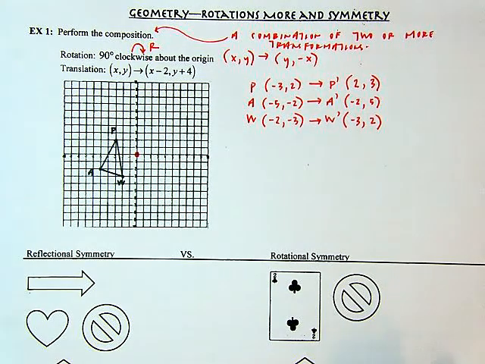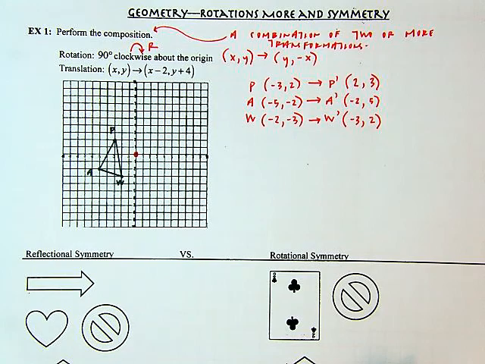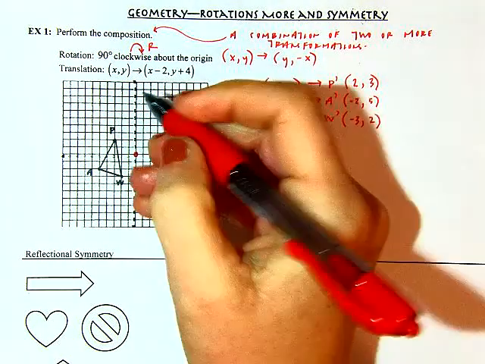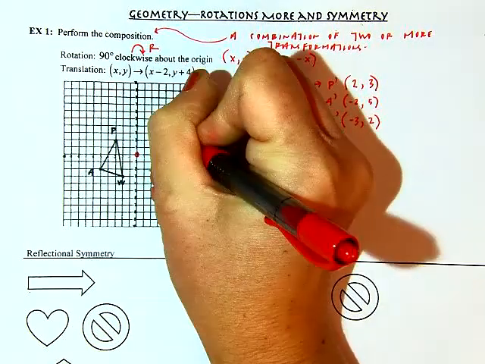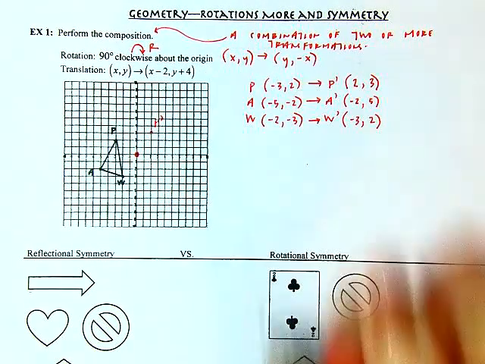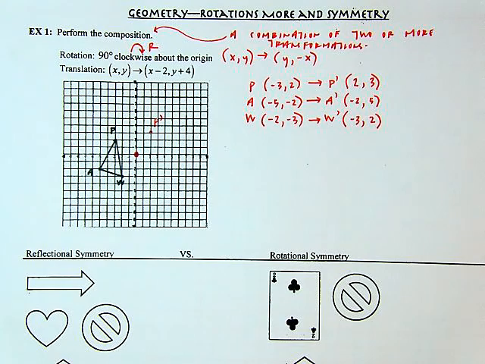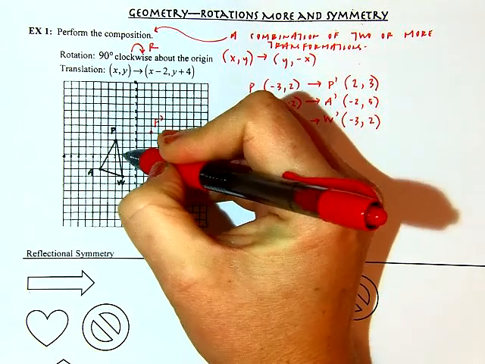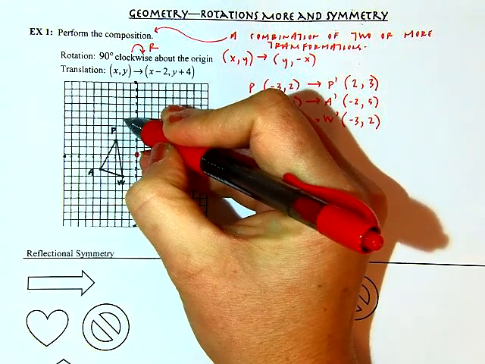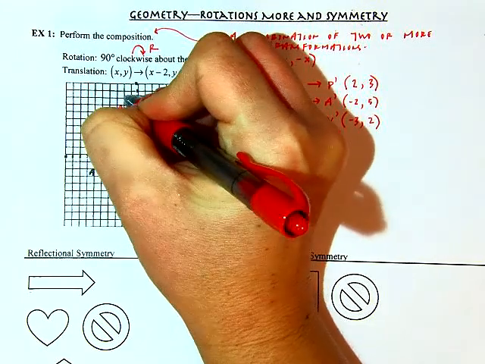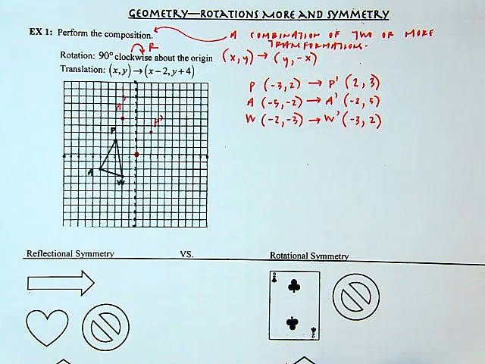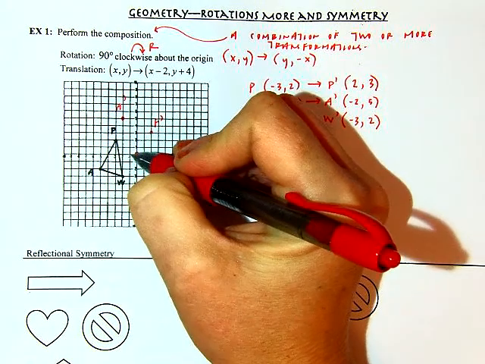All right, so I'm going to plot all of those new points. I have 2, 3, so right here will be my new P, P prime. A will be at negative 2, 5, so right here will be my A prime. And then I need my new W, so negative 3, 2.